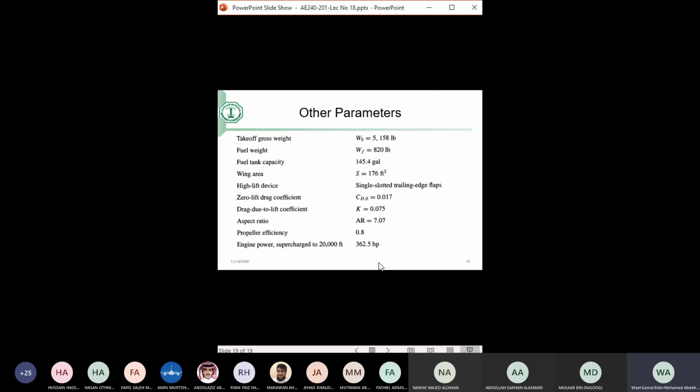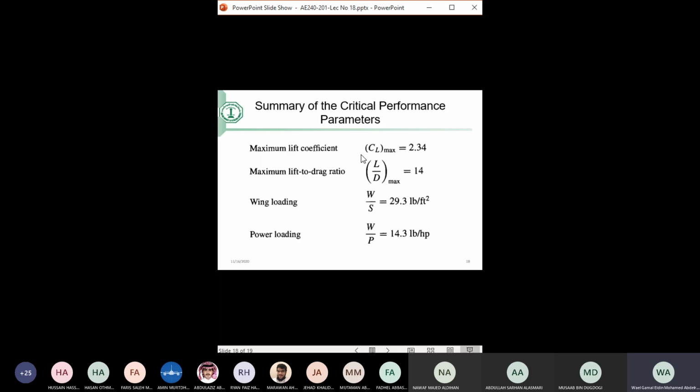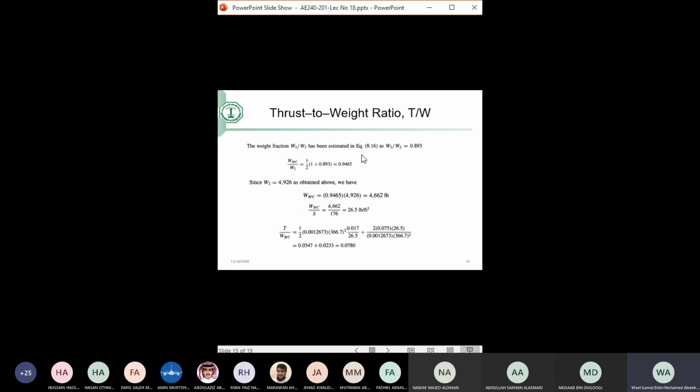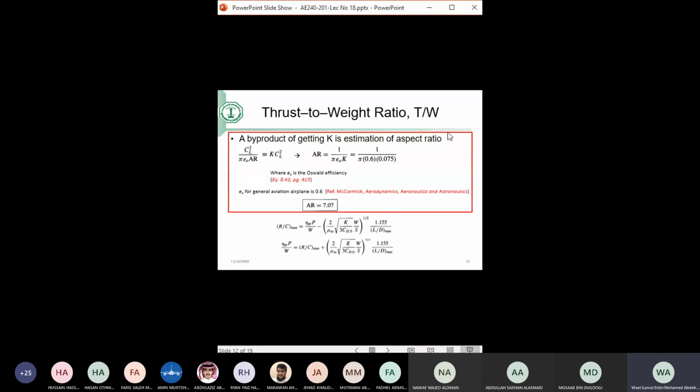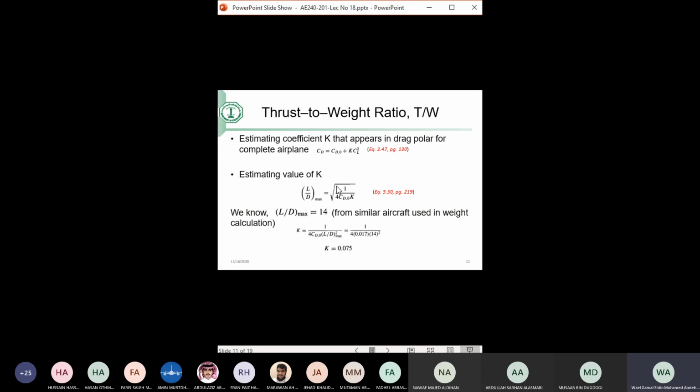Okay, so we have summarized the parameters that we had. Now, I intentionally skipped one parameter that I will go back and explain now, because I thought it would be disturbing to cut our flow of information because of this one. This is a sort of extra information that we gained when we calculated K. Remember, we calculated K from the equation to be 0.075.